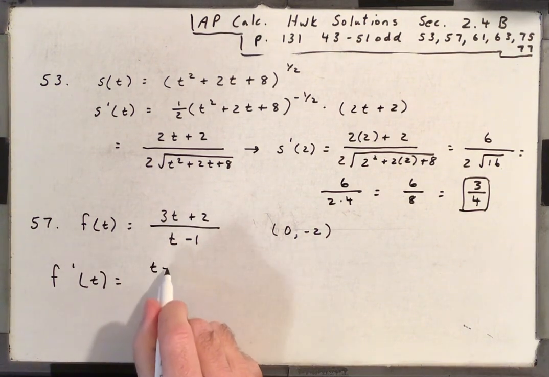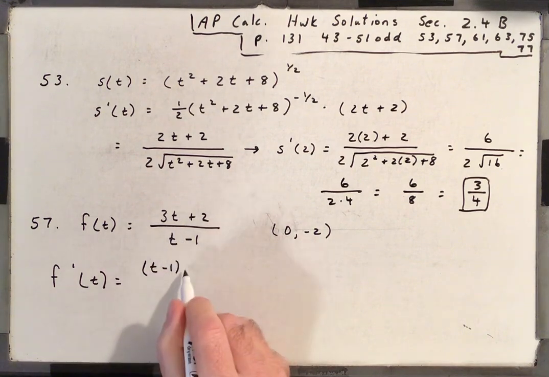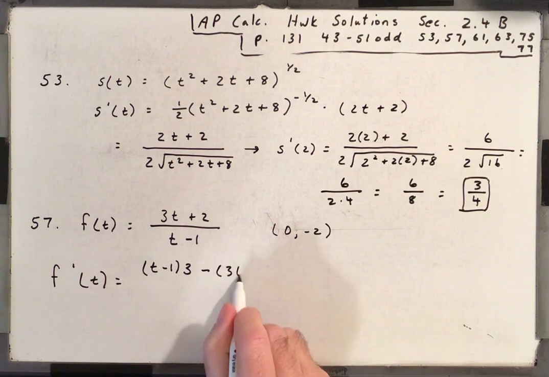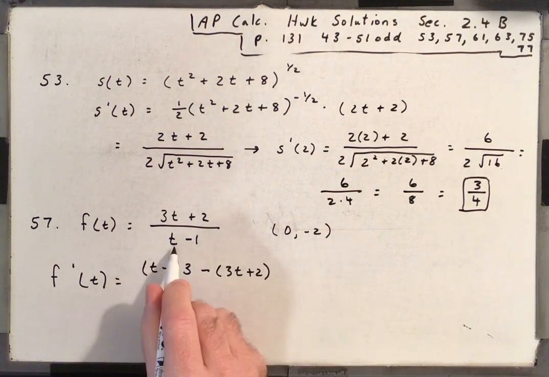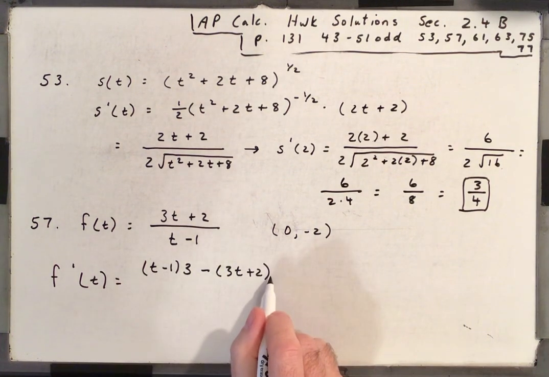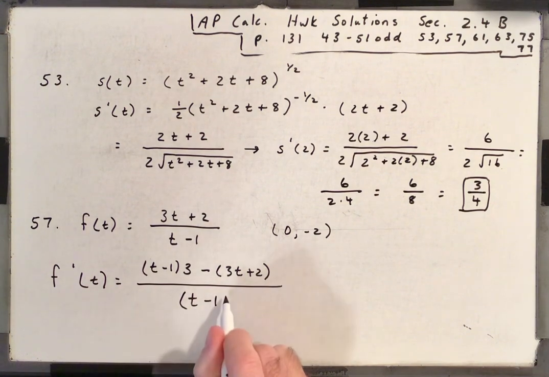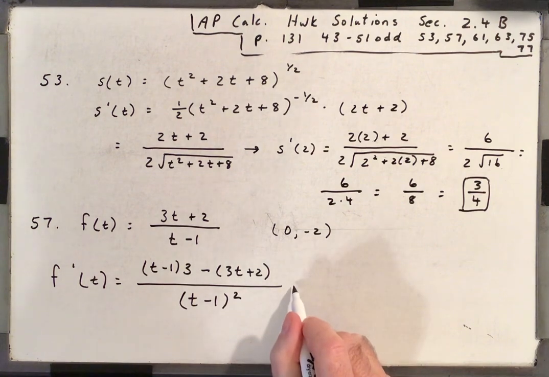So f prime of t, bottom, t minus 1, times the derivative of the top, which is 3, minus the top, 3t plus 2, times the derivative of the bottom, which is just 1, all over t minus 1, all squared.